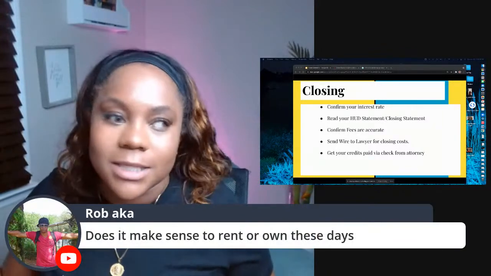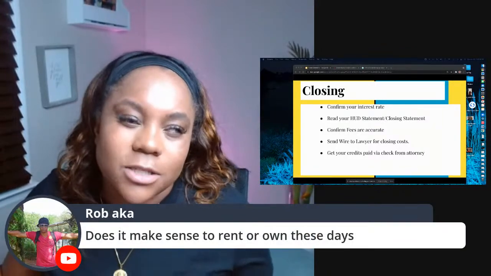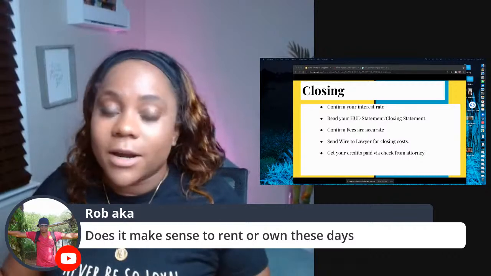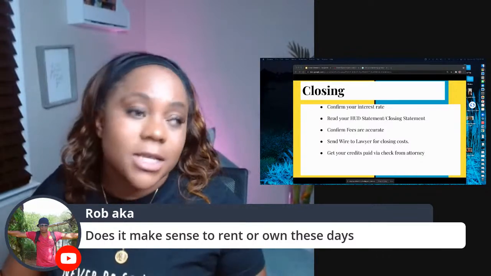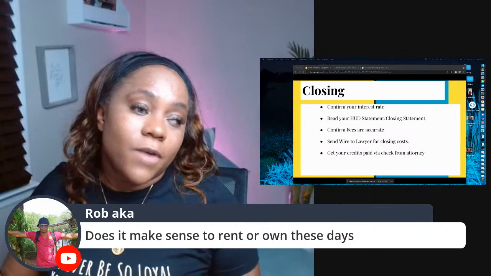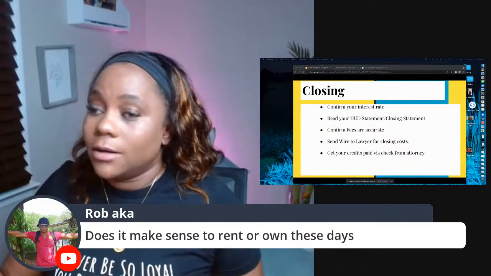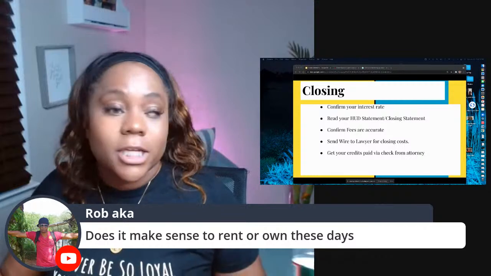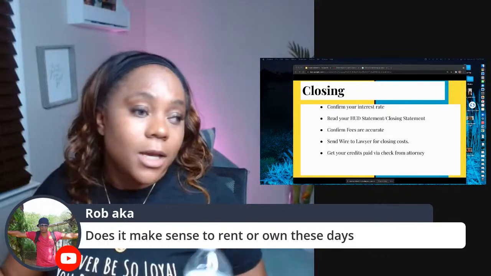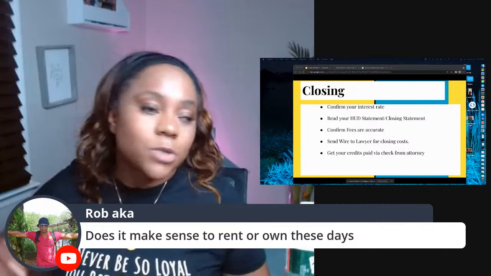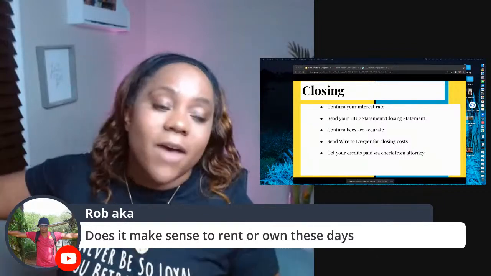Does it make sense to rent or own these days? In this current environment, rents are going up and so are home prices. Rates are very low. If you can find a good deal on a house and get a 3% interest rate and put very little down and get your first house, I say buy a house. Ultimately houses will appreciate over time. It's the time value of money.